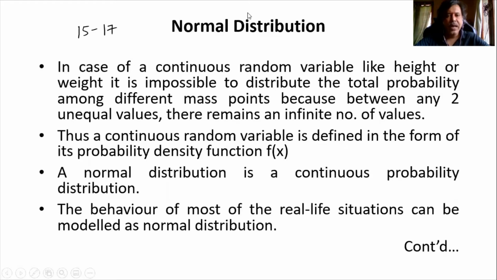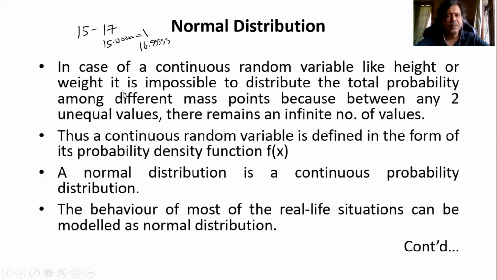So you will end up having an infinite number of values, because even 15.000001 also comes under this, and 16.99999. I can put any number of digits after the decimal point. So that also is a part of this range.